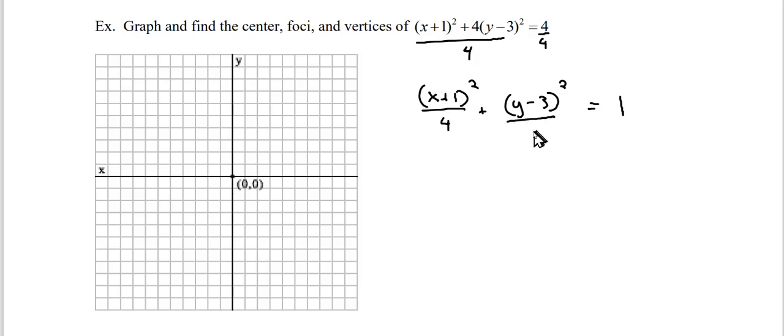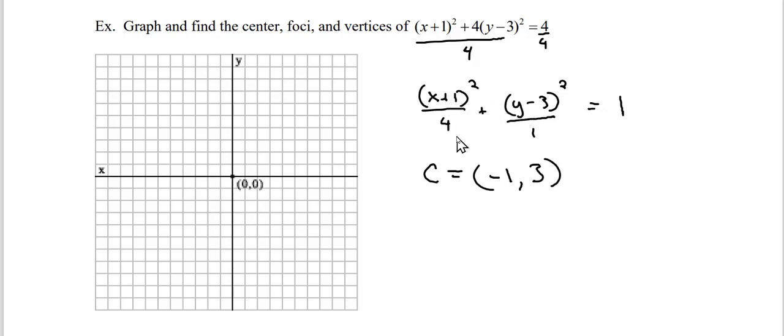Technically, if you want to think about it, this is over 1, right? 4 over 4. First thing I'm going to notice is my center, negative 1, 3. Similar relation to a circle, right?